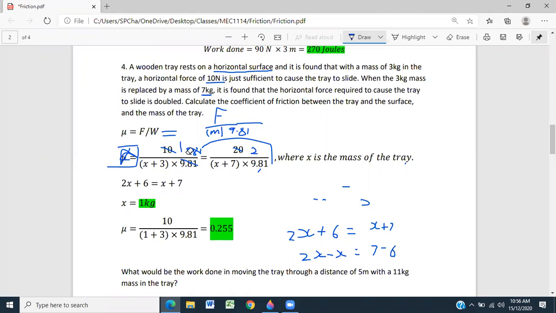Or you could do it the university way and say this is a mathematical equation, and we multiply both sides by 9.81. What we do on this side, we also do on this side. They cancel out, and that's how we end up with 1 over x plus 3 times 2 over x plus 7.